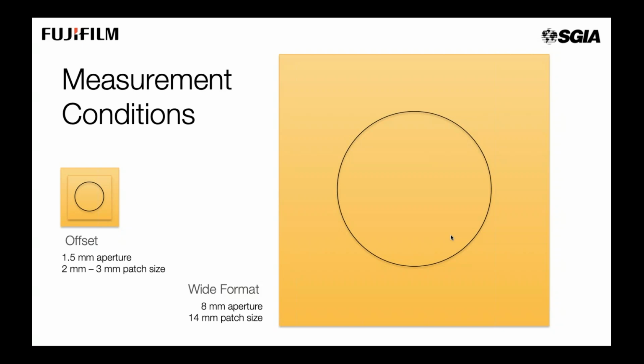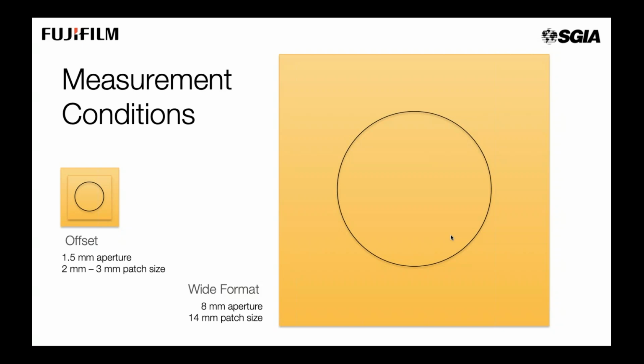So devices are coming out today that have apertures of about 8 millimeters, and they're going to require a 14 millimeter patch size. So I've got a trade-off. I've got a device that's less expensive, where previously if I was doing offset work, inkjet work, maybe some other types of work, I might have had to have 3 different spectrophotometers on hand just to get accurate measurements.